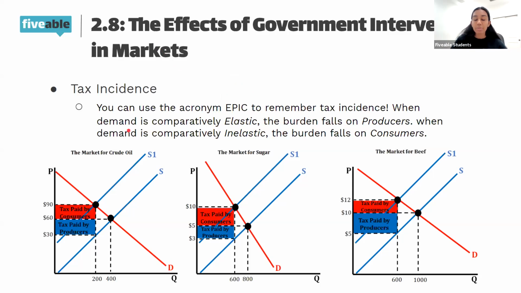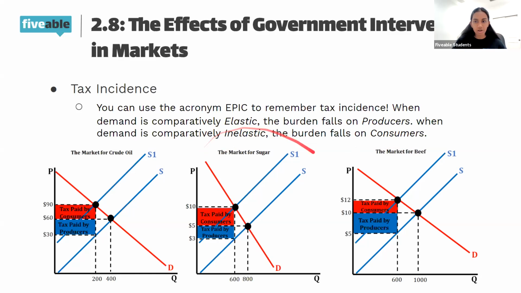When demand is comparatively more elastic than supply, the tax burden falls on producers. That just means that producers pay more of the tax. And when demand is more inelastic than supply, the burden falls on consumers. So consumers pay more of the tax.